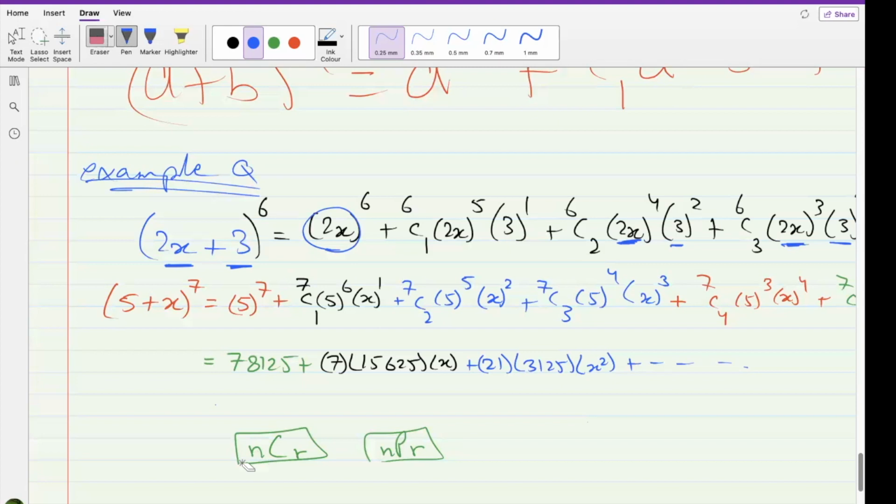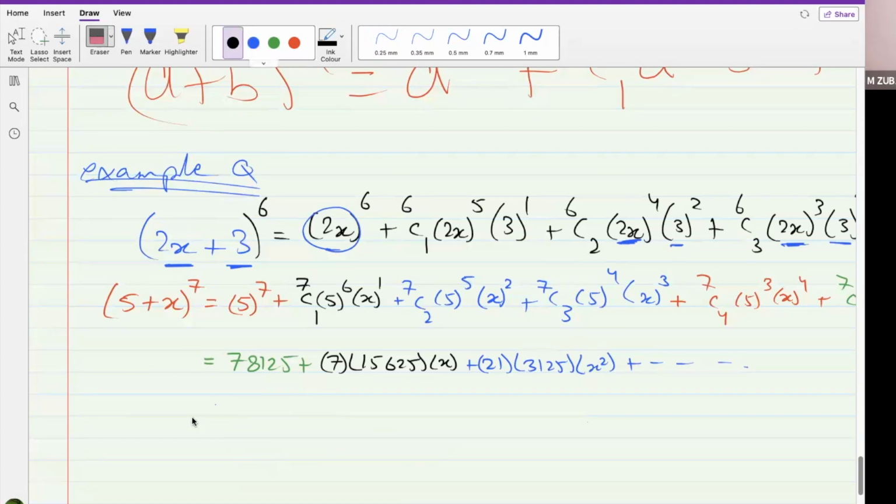How do we use the buttons again? Okay, write 13C4. First type 13 in the calculator. Then you press that button nCr. If it is above your button, you use shift. For me, it is above the divide button. So I use shift divide sign.